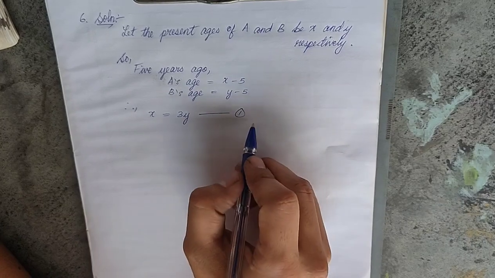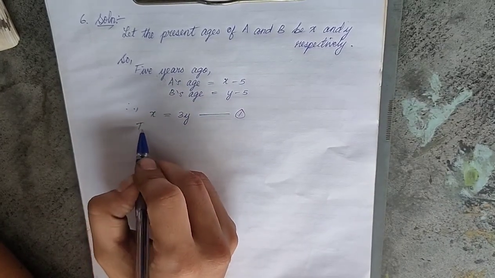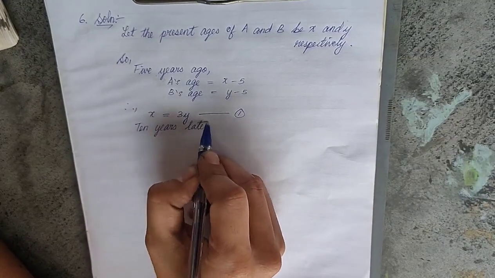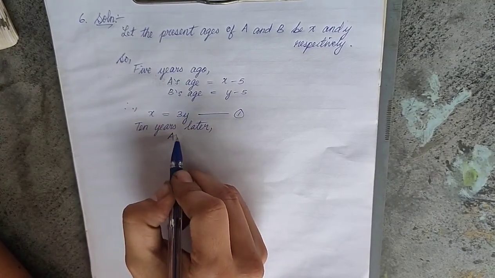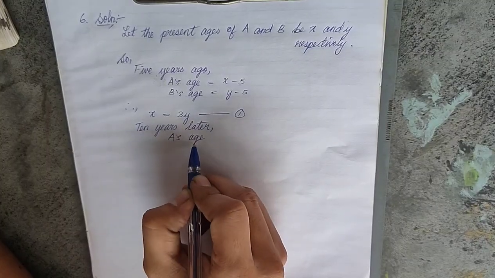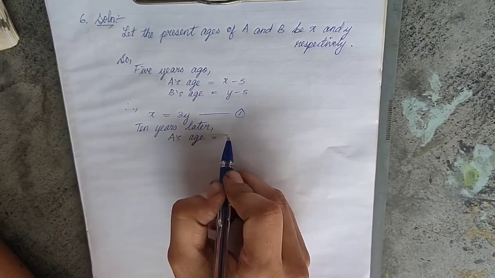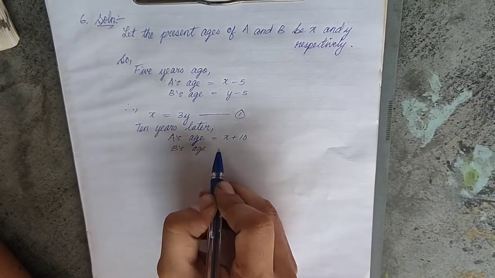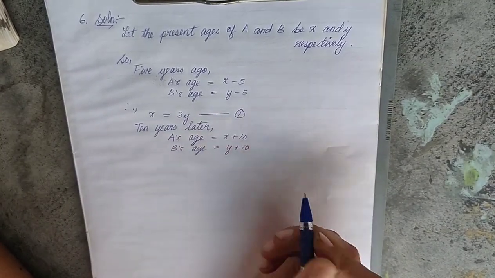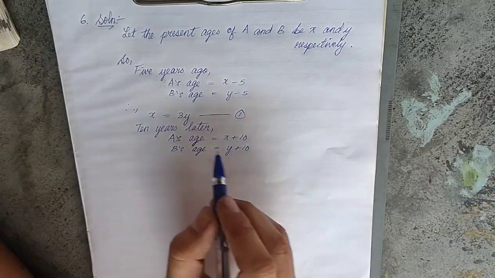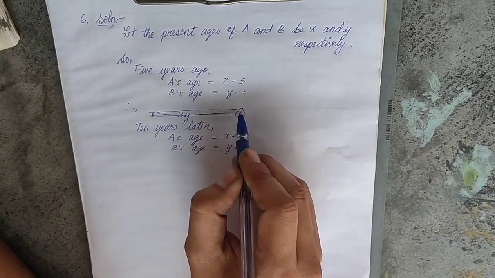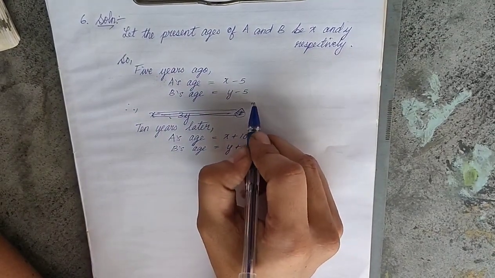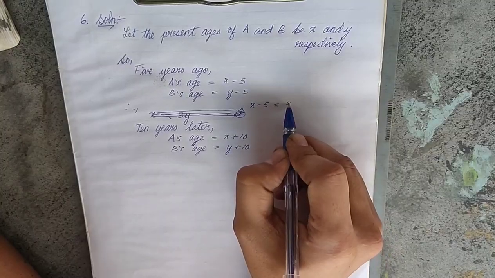A was x minus 5 and twice B's age is 2 times y minus 5.